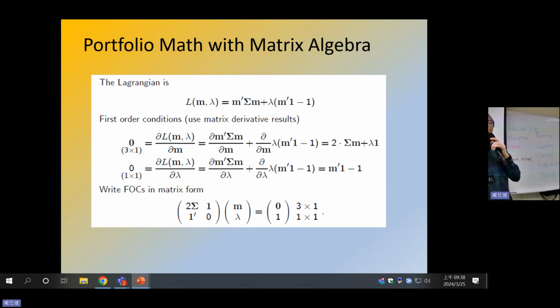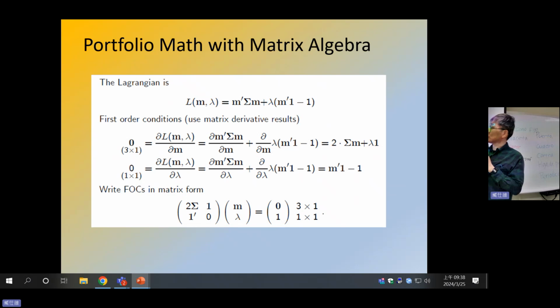So in the future, if you are more interested in data analysis, you should be very comfortable with matrix algebra because that can save you a lot of time in deriving the equation. But anyway, we just follow the slides here, and we can derive the first order condition, and finally you can see down below the first order condition result.